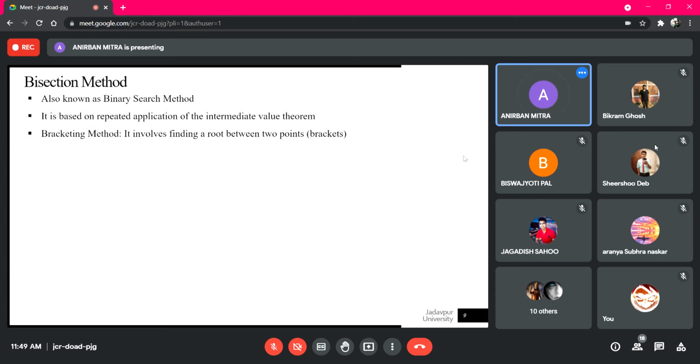Also, previously mentioned that it is a bracketing method because it involves finding a root between 2 points, that is 2 brackets, and that bracket is given by the interval that we were discussing just now. An interval is defined in terms of its left hand side and the right hand side, and those two are the ones that make up the bracket for this bisection, and hence it is called a bracketing method.